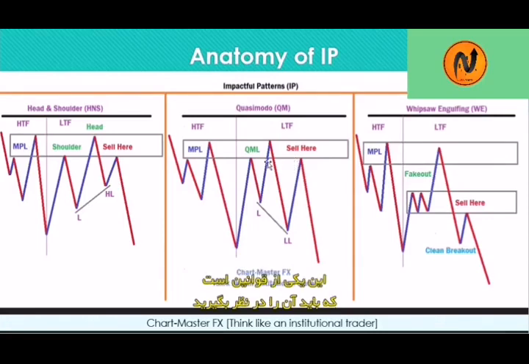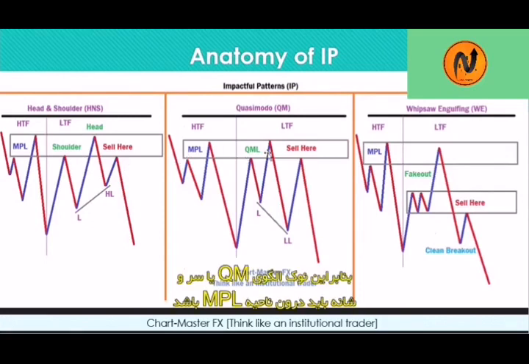That is one of the rules. The same applies here. Let's say this head actually engulfs the MPL. Then once the head and shoulder is formulated coming to this shoulder, that's invalid, guys. You don't place a trade.